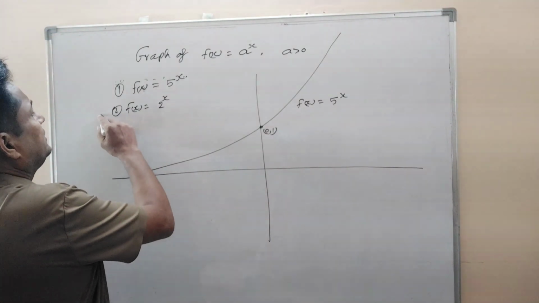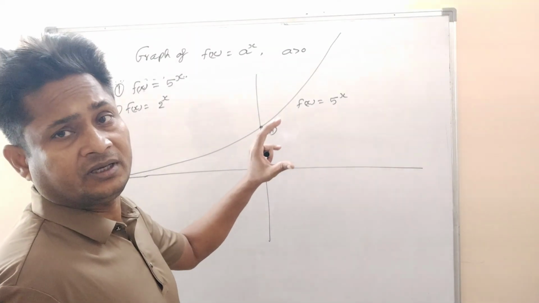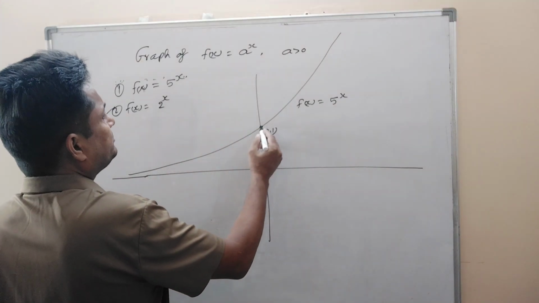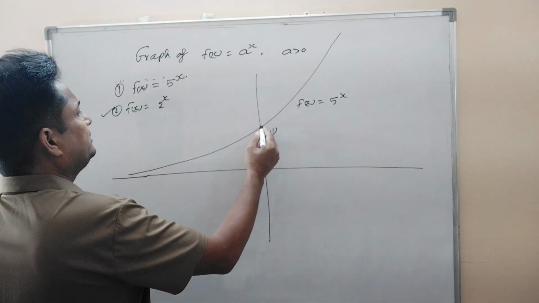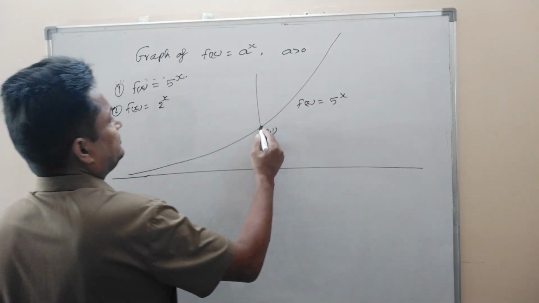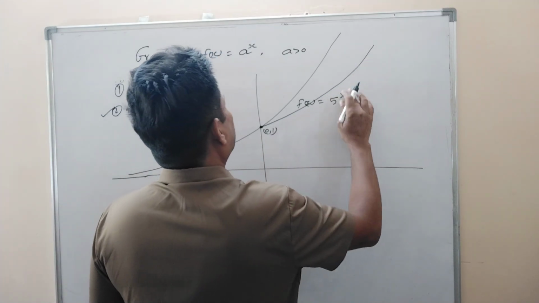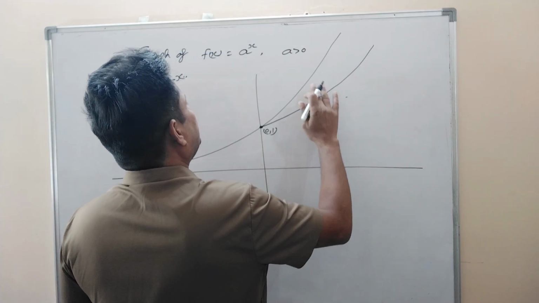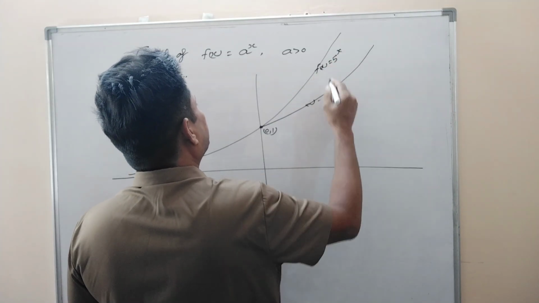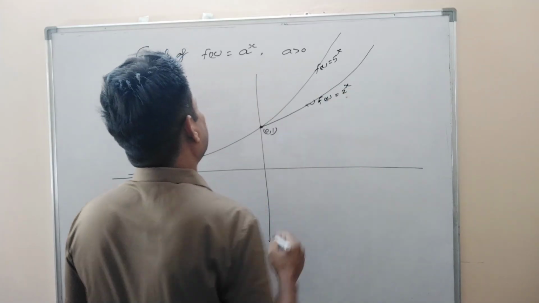Now if you draw the graph of 2 to the power x in the same xy axis, the graph of 2 to the power x will look like this one. I am plotting this graph. This is f(x) = 5 to the power x, and this is f(x) = 2 to the power x.